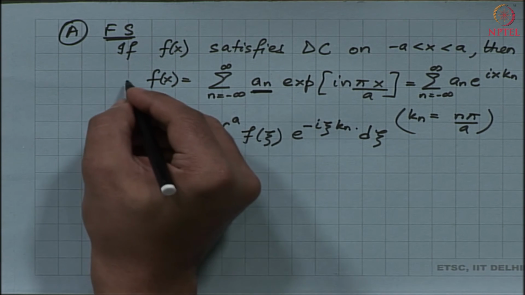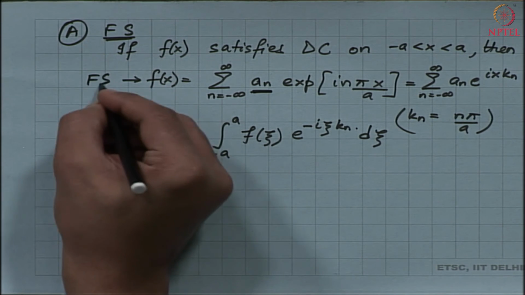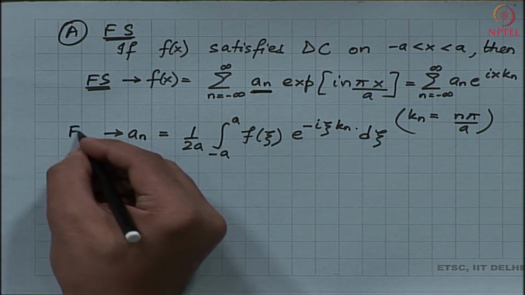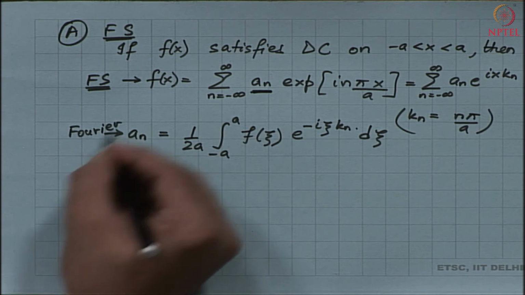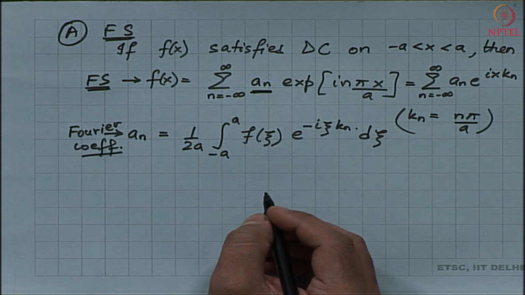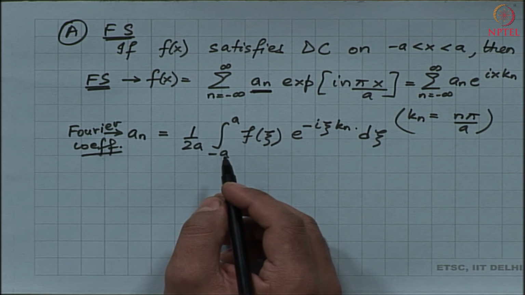So, you see that this is my Fourier series of the function f, and I call these my Fourier coefficients. So, a_n's are my Fourier coefficients and f is my Fourier series.